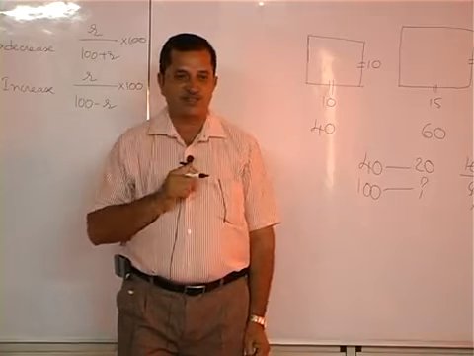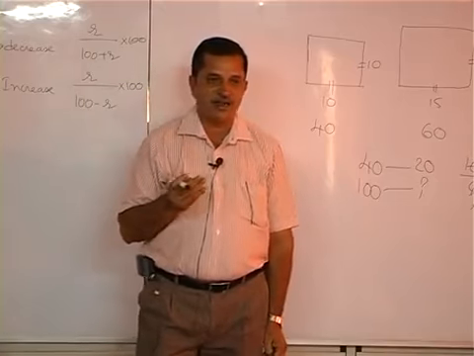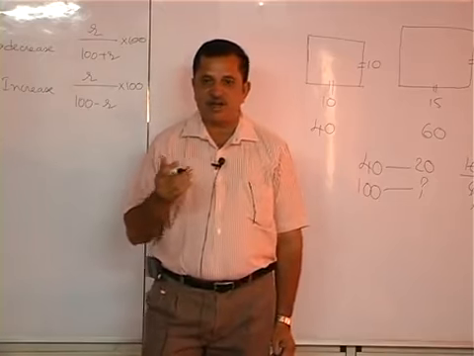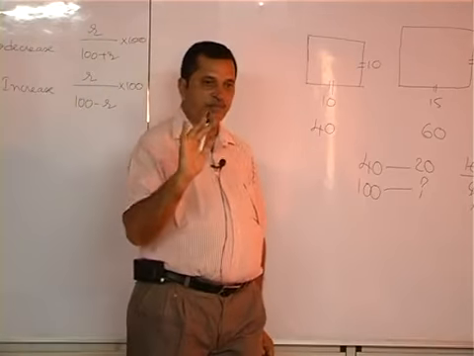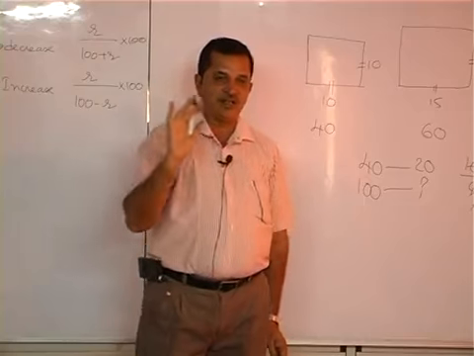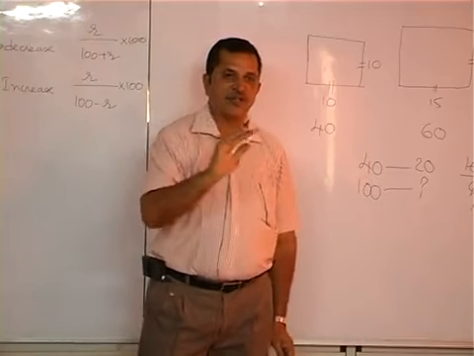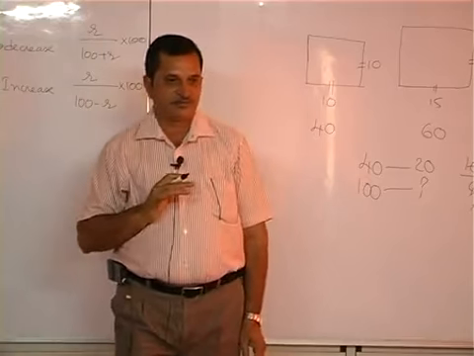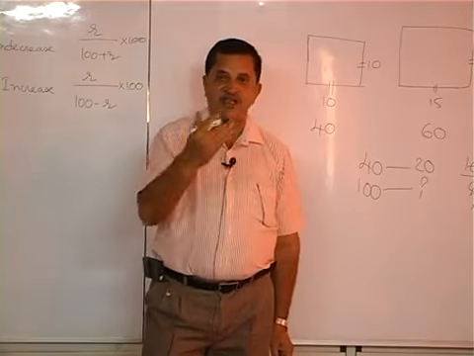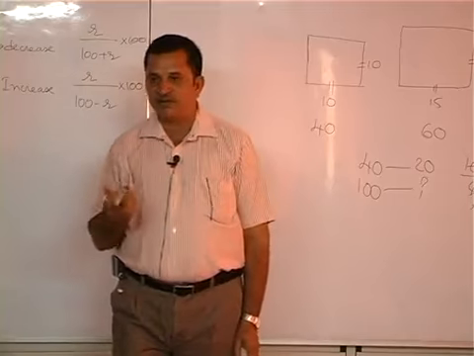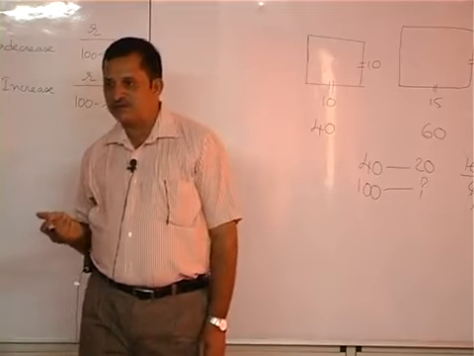Not only for squares, rectangle, triangle, trapezium, rhombus, parallelogram, whatever it may be, there will not be any change in the perimeter. That is the reason they don't ask this question in the campus recruitment. Understand? But why I have taken this problem is areas. That is important. In areas they will ask, right?